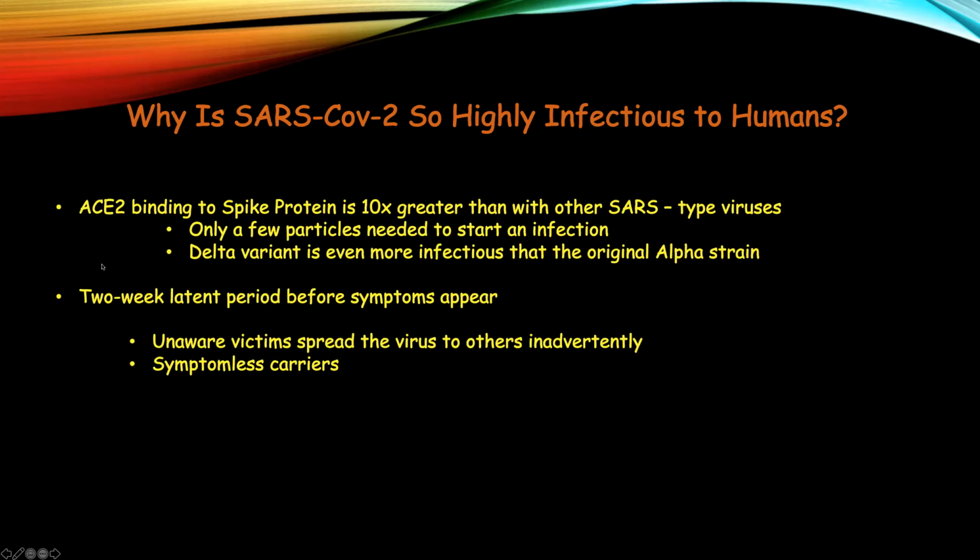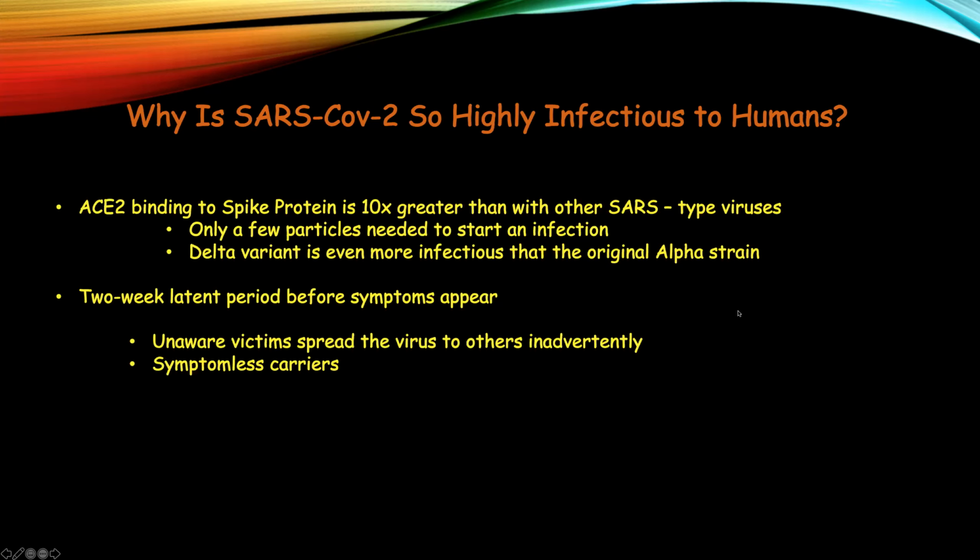And the other thing I want to emphasize here is that this is an unusual virus in that it has a 2-week latent period. That is, when a person first contracts the virus, it begins to multiply in their respiratory system, but there are no symptoms. And there are no symptoms for about 2 weeks. So during that 2-week symptomless period, this infected individual doesn't know that they're infected.